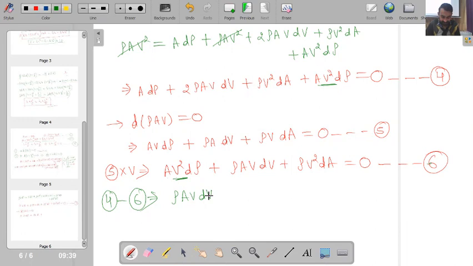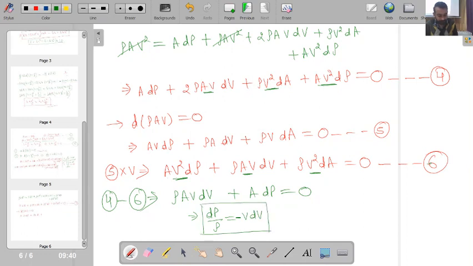Then the rho V square dA terms will cancel out. I will be left with that equal to 0. So A will also cancel, and from here I can simply say that dP by rho equals minus V into dV.